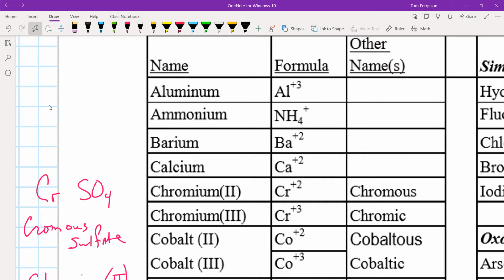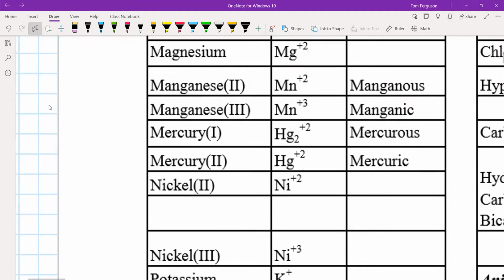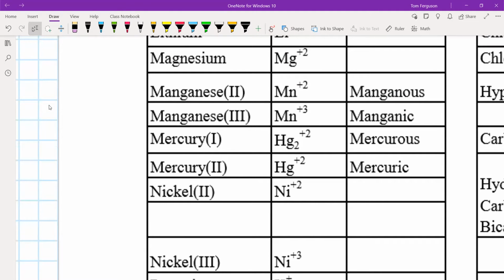The other one is mercury. Now, mercury's weird because mercury 1, what's the charge on mercury 1? +1, but there are 2 of them. So that's why it's +2 total.